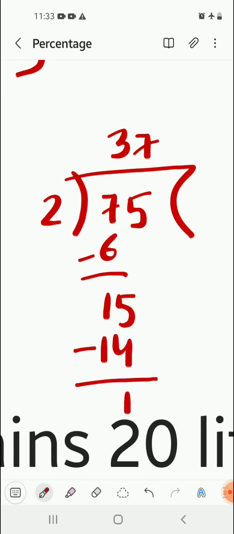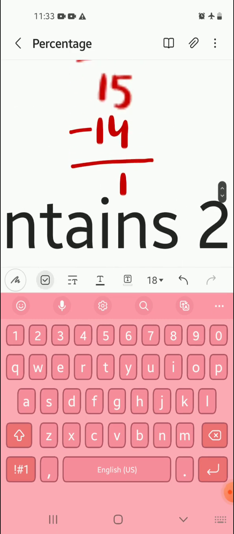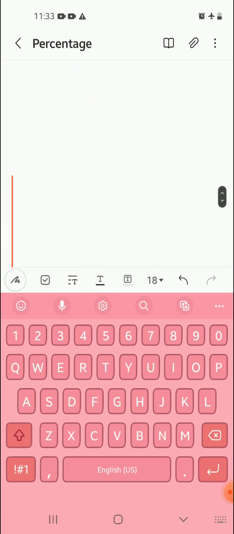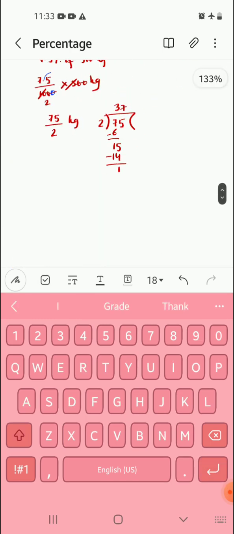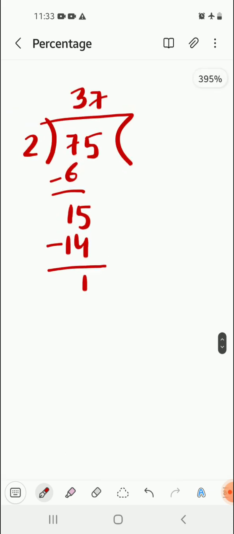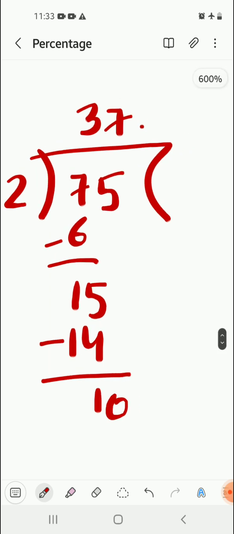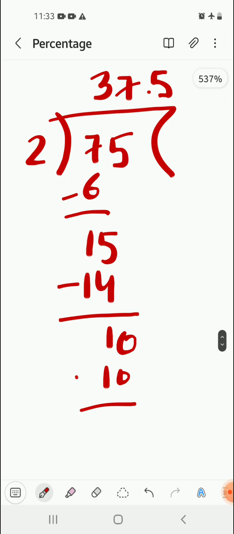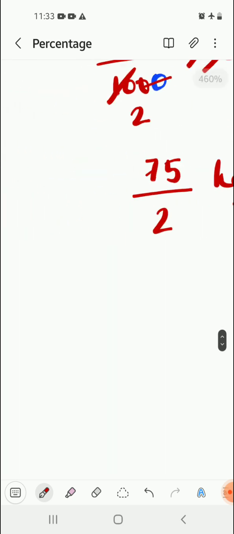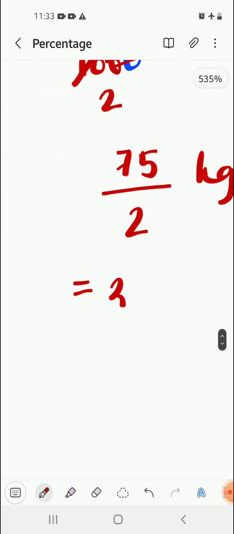We get 1. The decimal point, so that we can add a 0 here and it will become 5 into 2, 10. So it is 37.5 kg. So our answer will be 37.5 kg.